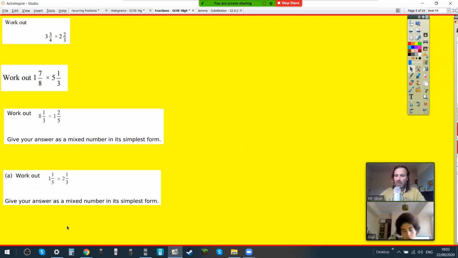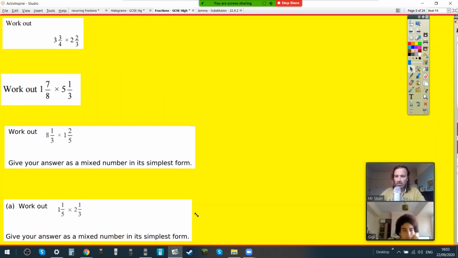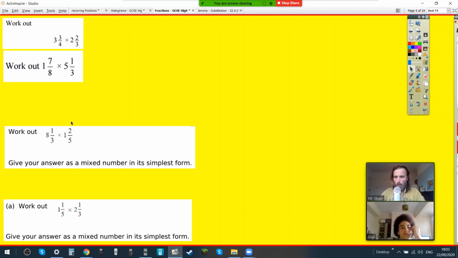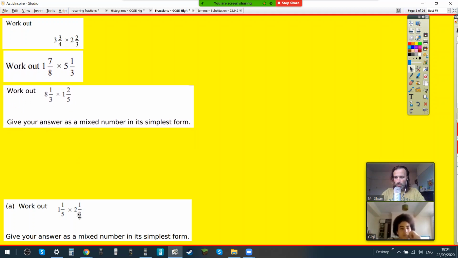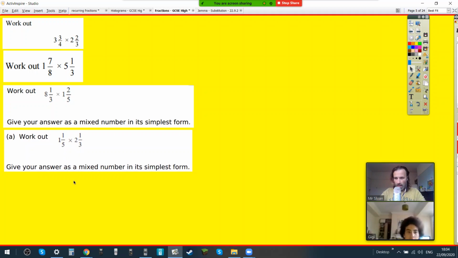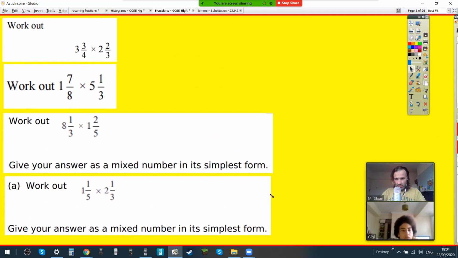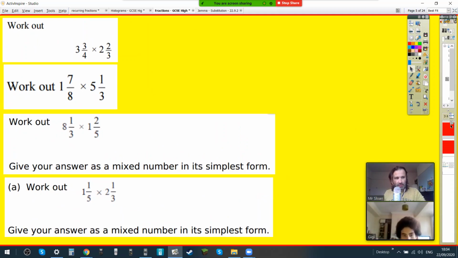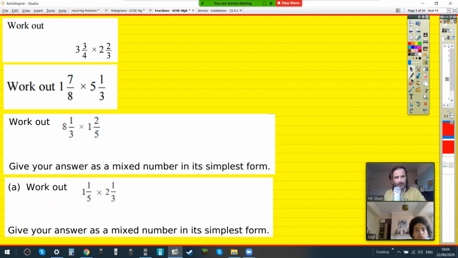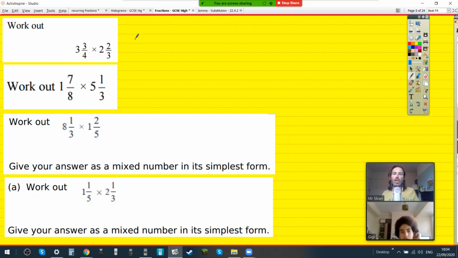Okay, now we have mixed numbers, a mixture of fraction and whole number. Any idea how you do these? Would you convert it to a, what's it called? Improper fraction? Yeah. Would you know how to do that for the first one? You times it by the top one.